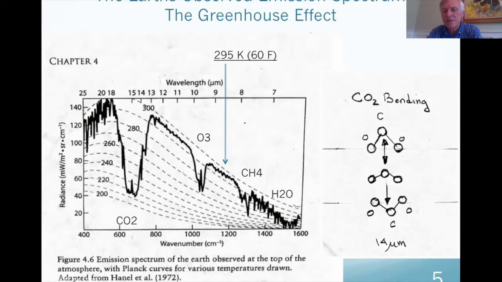Look at the bottom there and follow the 220 dashed line. What it says is that when the energy that left the Earth's surface at 15 microns actually gets emitted into space, it gets emitted where the temperature is 220 degrees Kelvin.